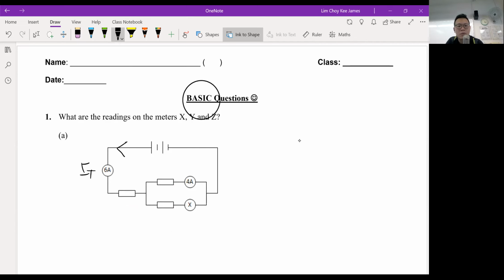Let's name this resistor 1, resistor 4, and this resistor X. When the current IT flows from the battery, it flows through resistor 1, so the current here is IT also. At this junction, the current splits into two different paths. At the other node, it joins back and comes out again as IT.